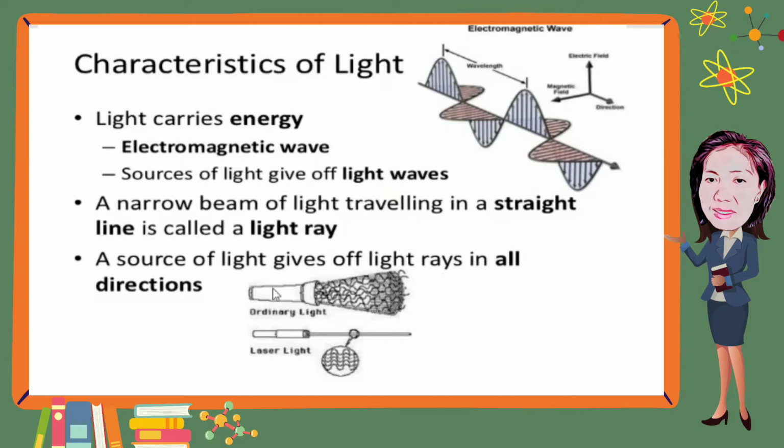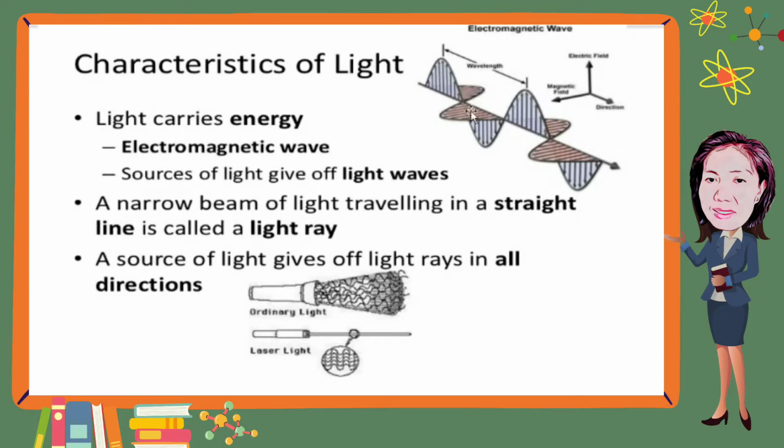Light carries energy. Since it carries energy, it acts in the form of a wave. So how does an electromagnetic wave look like? It is a transverse wave, but it is three-dimensional, because it acts in two dimensions.